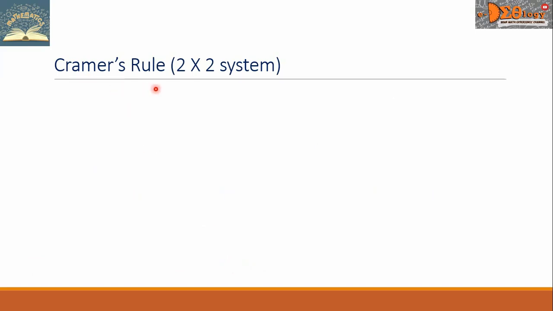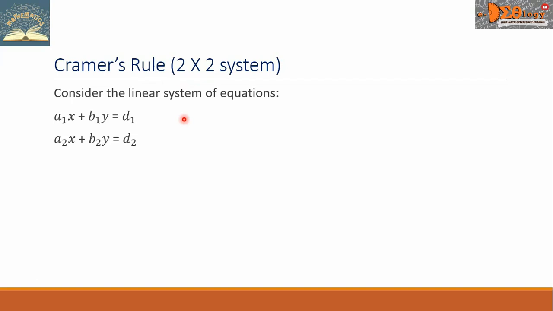Let's go now to Cramer's rule of 2 by 2 system. Consider the linear system of equations a sub 1 x plus b sub 1 y equals d sub 1, a sub 2 x plus b sub 2 y equals d sub 2, where x and y are unknowns.